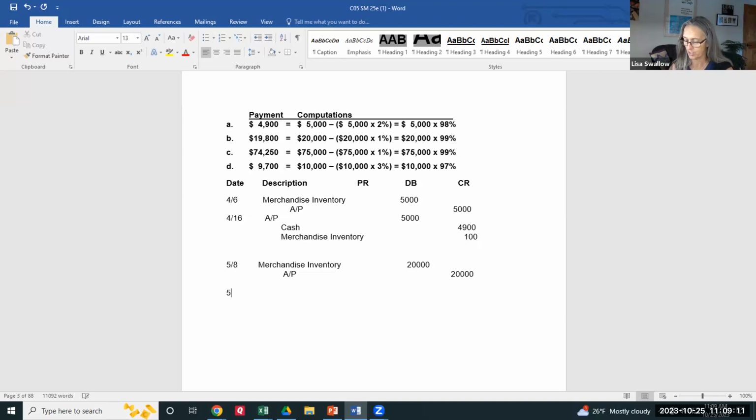So I have until the 23rd. Okay. What is my journal entry when I pay my vendor? Turn off the tape, get rid of the accounts payable account, credit cash for the amount that you think you're going to pay the vendor, and then the balance goes into merchandise inventory.